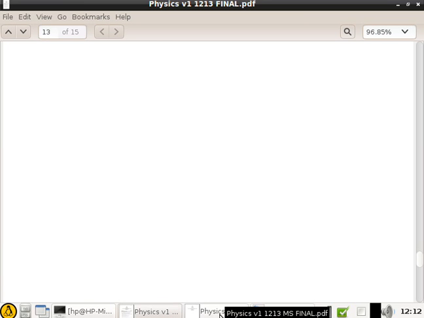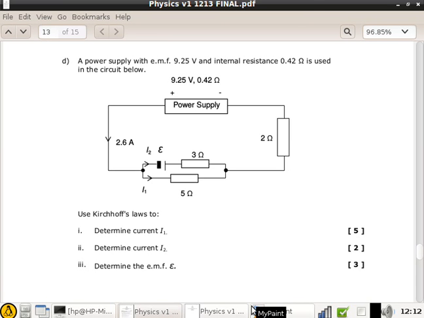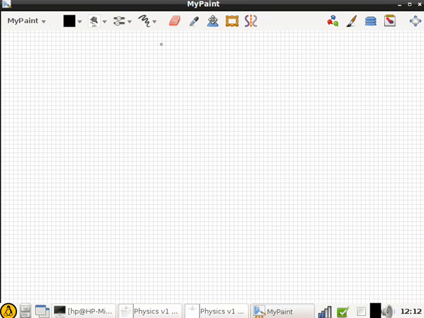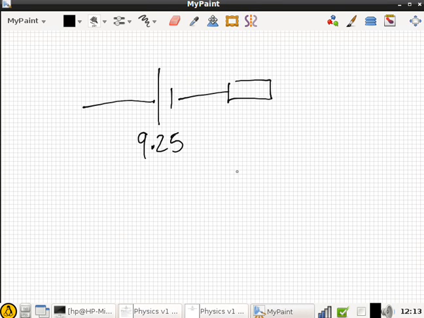Do you understand what I mean? No? Okay. Draw it like this. Battery here of 9.25, then draw a small resistor here of 0.42, and then draw the rest of the diagram.